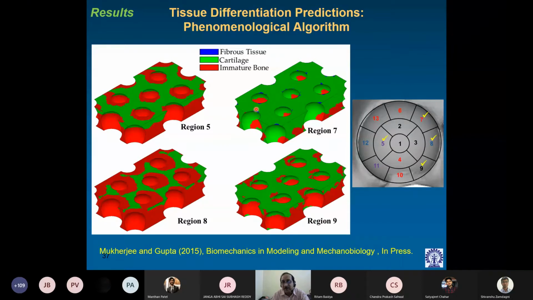The blue you can see here. In region 7, as I'm pointing with my pointer, there are some blues here. Clearly you can see that. There may be slight blues here, but not much in region 8. More in region 7. Regions 5, 8, 9, and even 7 have a visible amount of bone ingrowth. The locations of 5, 7, 8, and 9 have been given in this figure.